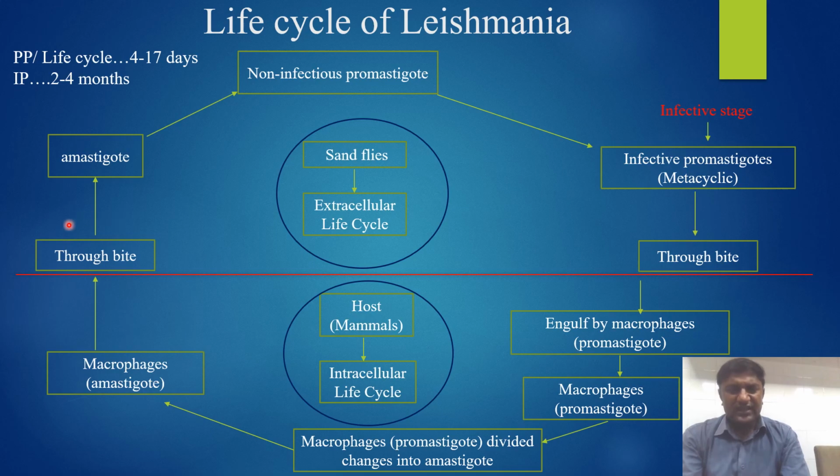When the sandfly bites and sucks this amastigote, it changes in the sandfly into the non-infectious promastigote. So this is the life cycle, with the two main parts.